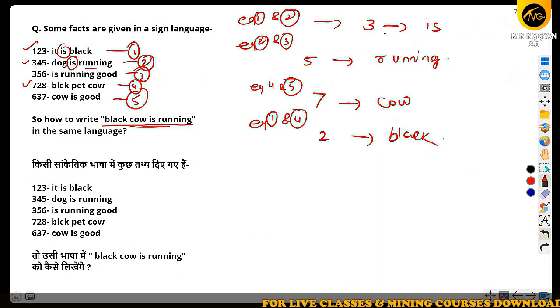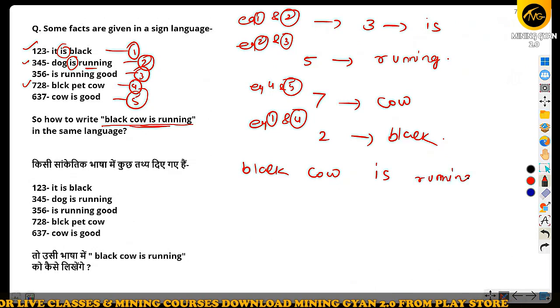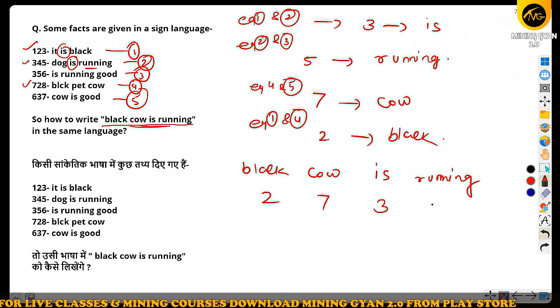So we have 3, 5, 7 and 2. The words are black, cow, running and "is". So you can easily decode black cow is running. Black is 2, cow is 7, is is 3 and running is 5.